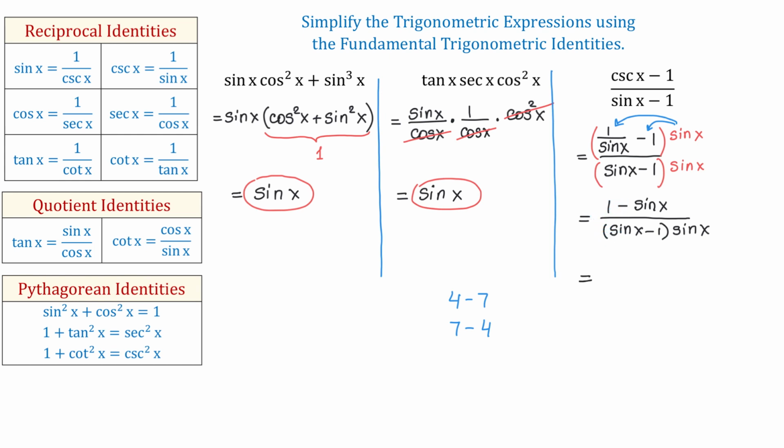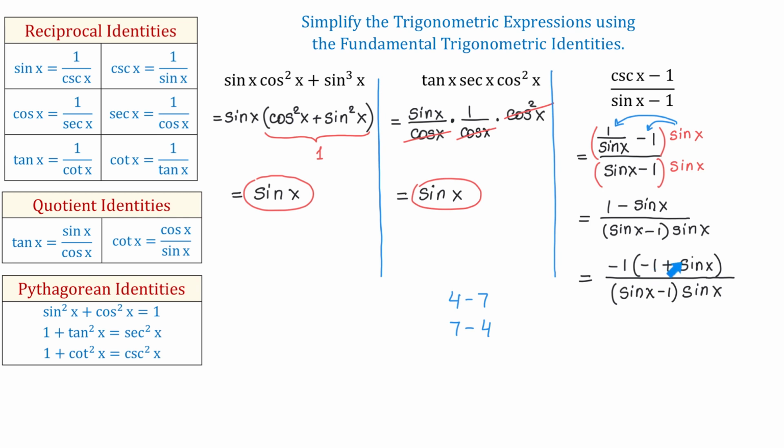So then, if we factor out -1 in the numerator, then inside we will have -1 plus sine of x. And to check the work, -1 times -1 is +1, and -1 times sine of x is negative sine of x. Then I will copy down the denominator, sine of x minus 1 times sine of x.